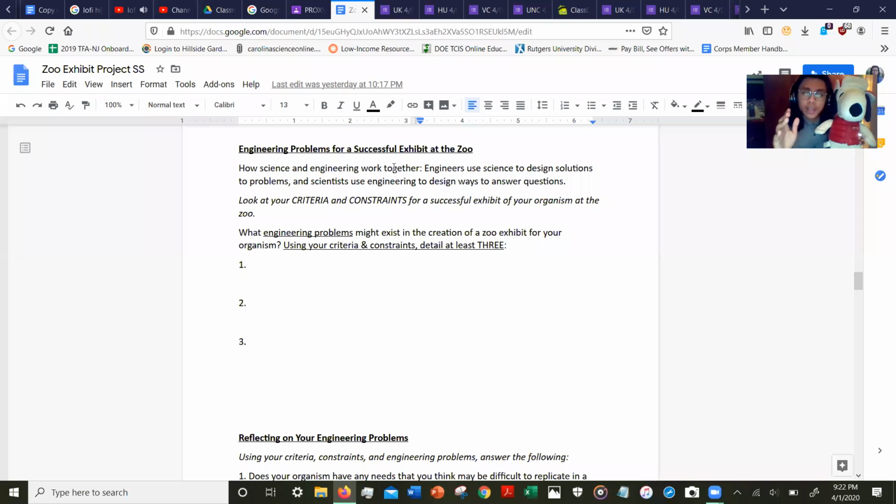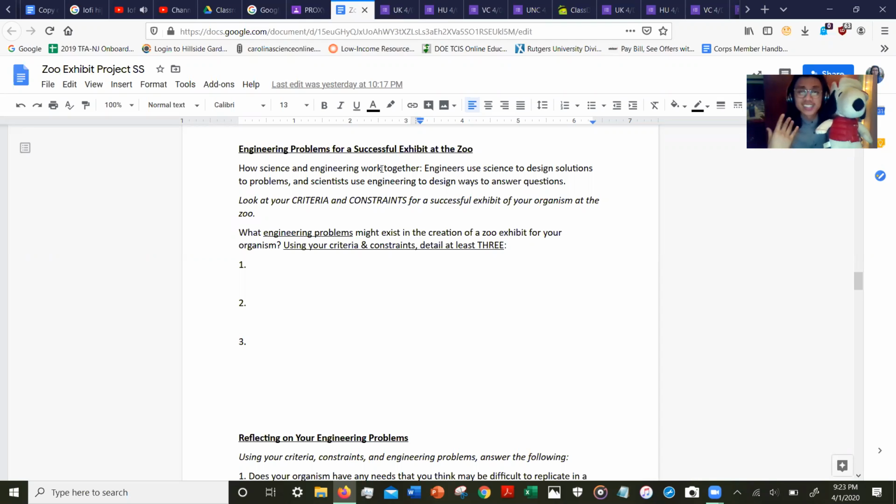The first thing we have to understand, and I mentioned this in a previous video when I used the example of me on crutches, is that science and engineering works together. After looking at our engineering basics lesson, we should have concluded that engineers use science to design solutions to their problems or challenges.